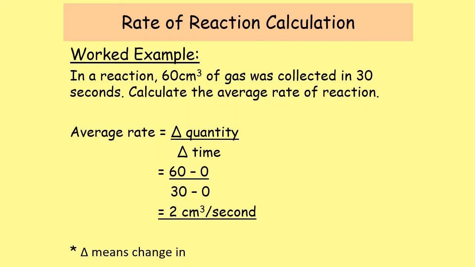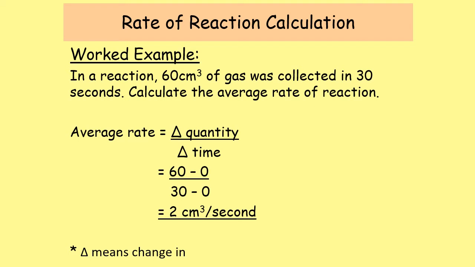Now, sometimes you're not given a graph, sometimes you're just given a sentence that explains what went on in the experiment. And the equation is always going to be the same as before. So here it says 60 centimeters cubed of gas was collected in 30 seconds. Calculate the average rate of reaction. Now the average rate of reaction is the change in quantity divided by the change in time.